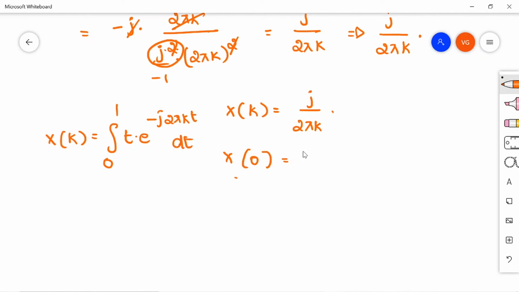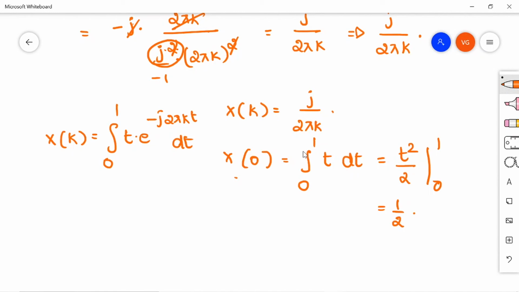If you put x of 0, what will you get? Integral 0 to 1 t dt. That is t square by 2. Put your limits, that is 1 by 2 minus 0, nothing but 1 by 2, right? So this is your x of 0.